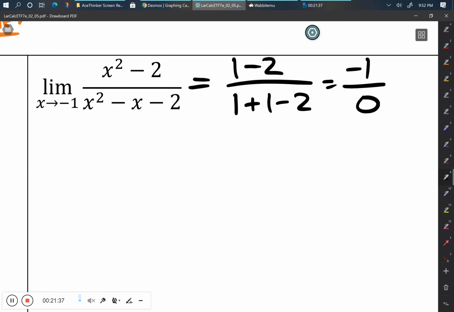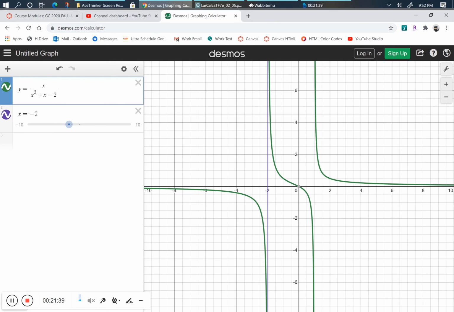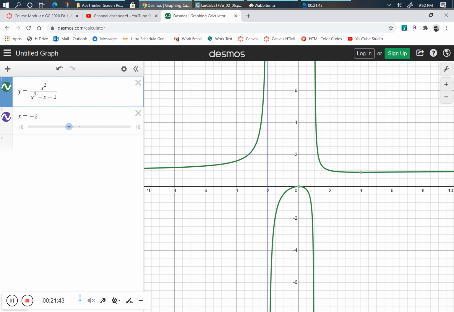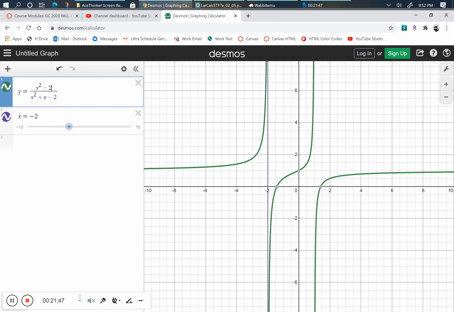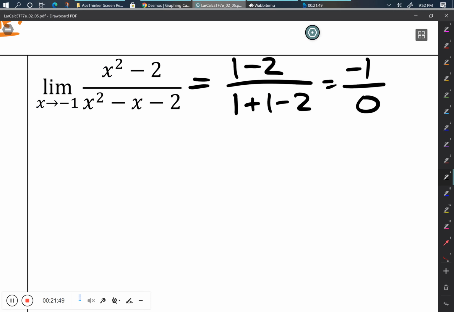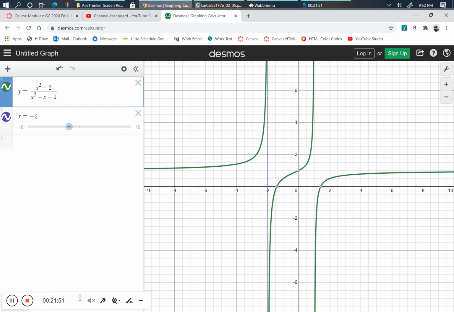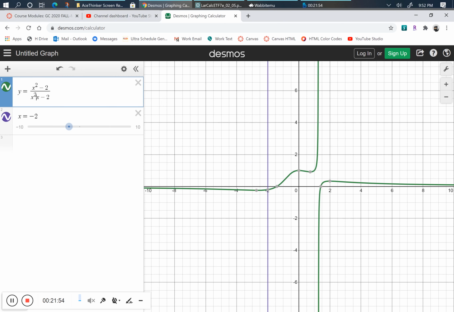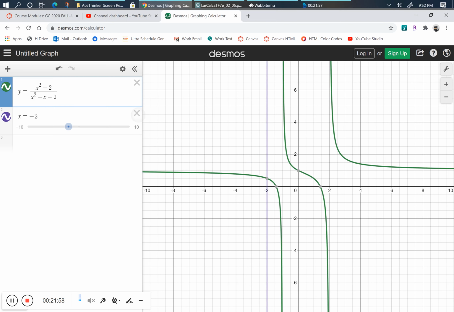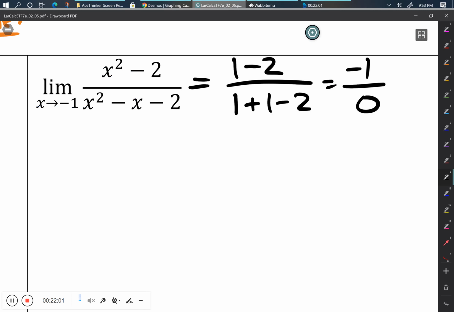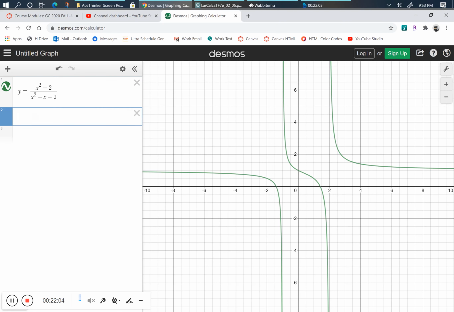Right? I'm a big fan of looking at graphs, so I'm going to go look at the graph of this thing. My numerator is x squared minus 2. My denominator was x squared minus x minus 2. Okay. And I'm taking the limit at x equals negative 1.